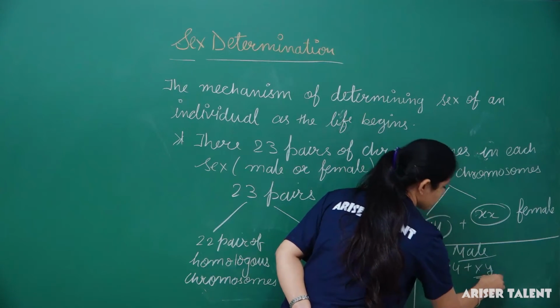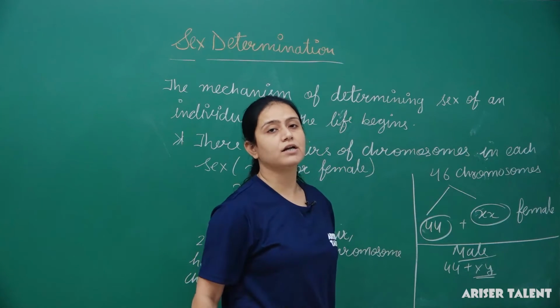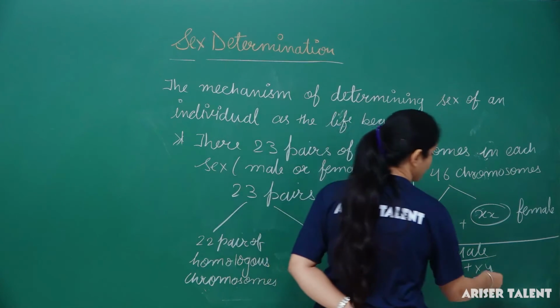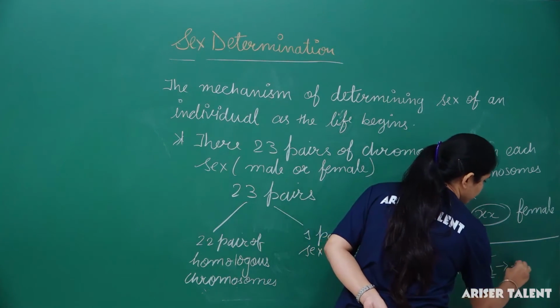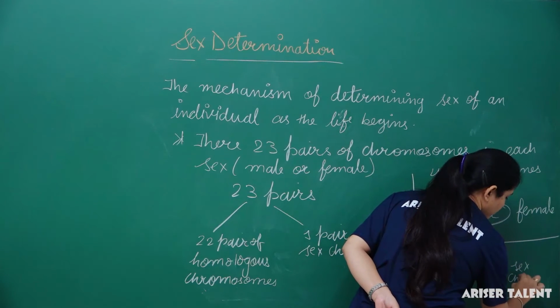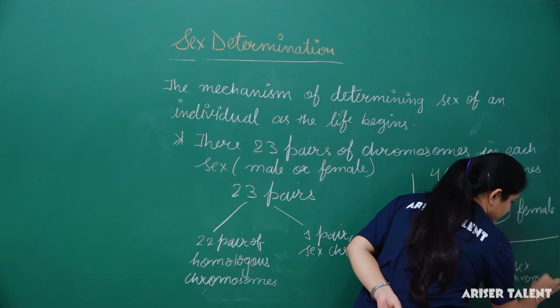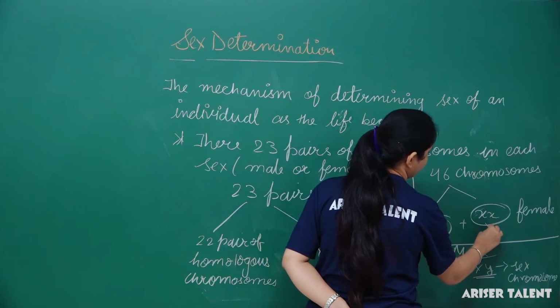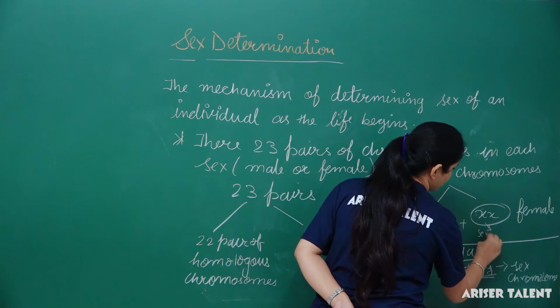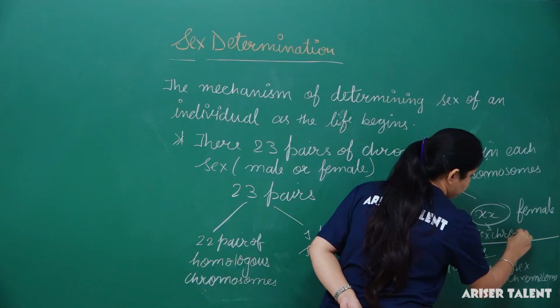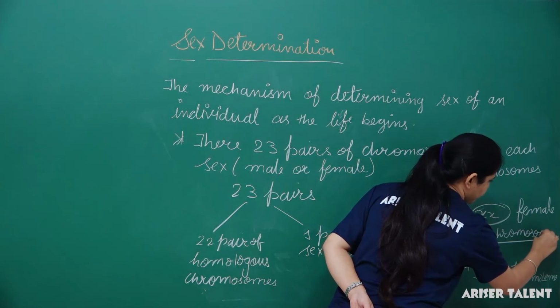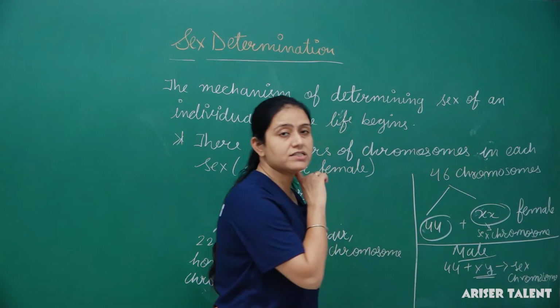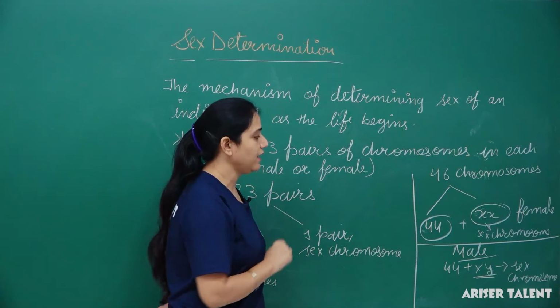This XY and XX are known as sex chromosomes. This XY is the sex chromosome in male and XX is the sex chromosome in female. So this is the division of 46 chromosomes in female and male.